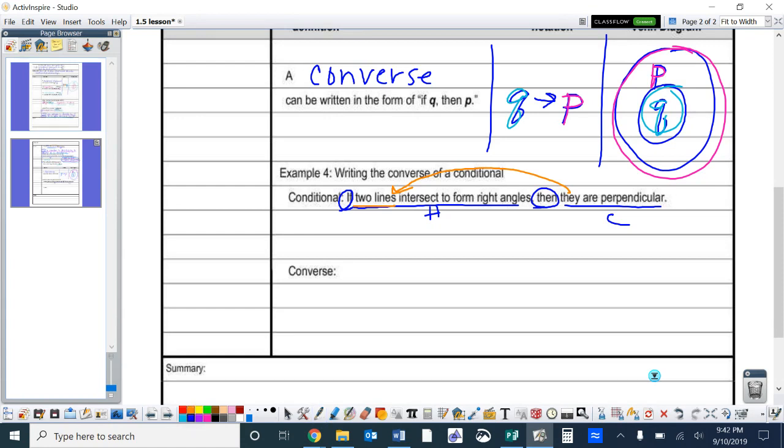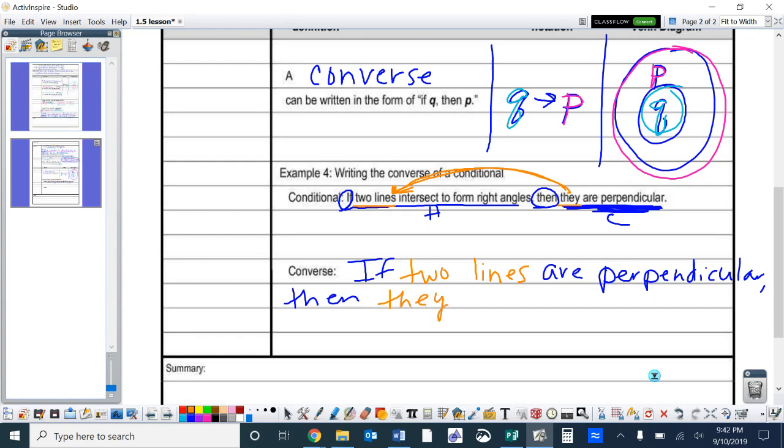So what that looks like is then if they are perpendicular, but I can't use the word they, I have to go back and see what they is referencing. If two lines are perpendicular, then now I can say they intersect to form right angles.